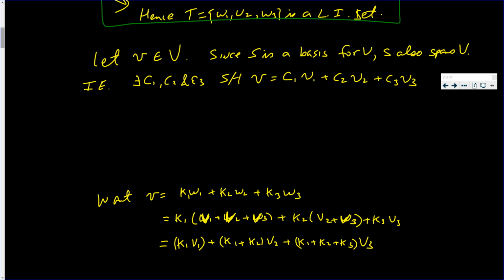Now let's see. Let us call that K1. Now, C2 is just a real number, and K1 is a real number. There's something to add to K1 to get to C2. Call it K2.